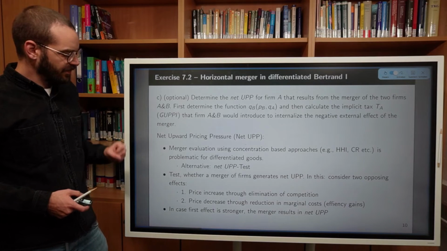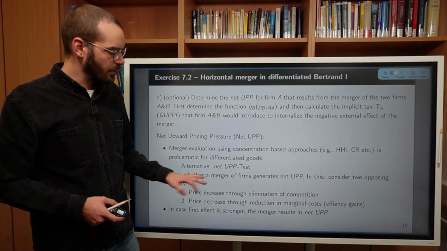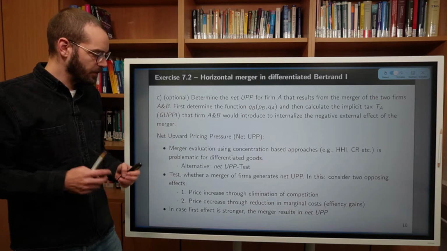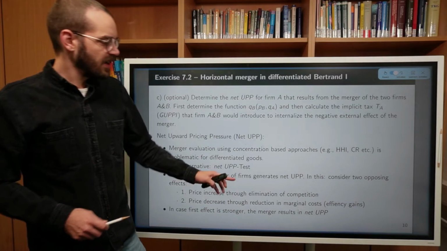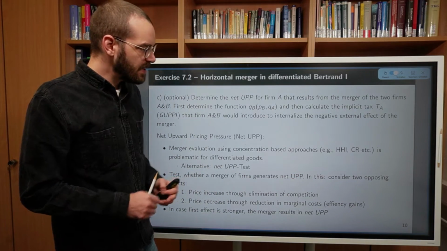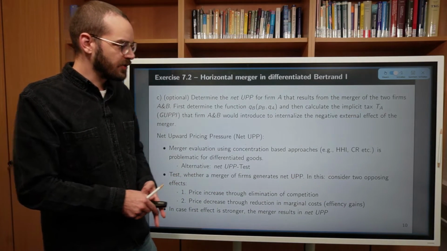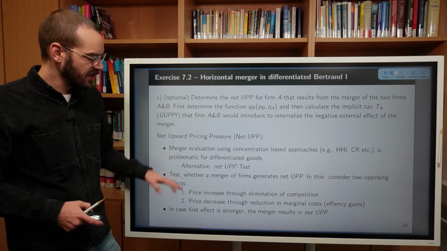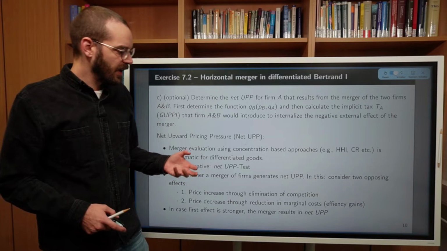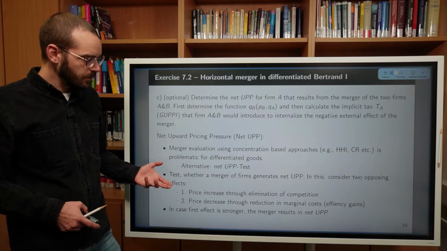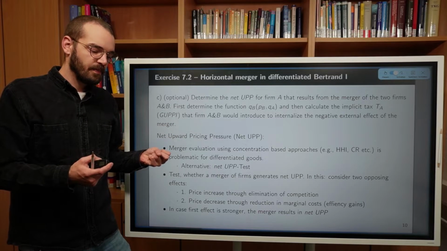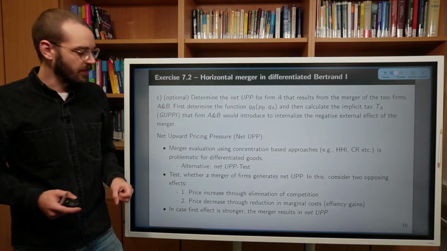The idea is that we want to test whether a merger of firms generates a so-called upwards pricing pressure. That means we are going to consider two opposing effects. The first one is that there will be a price increase through the elimination of competition, right? Because we have this gain in market concentration and market power thereby.